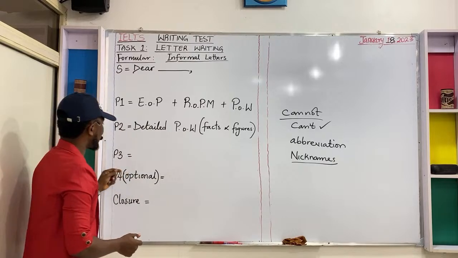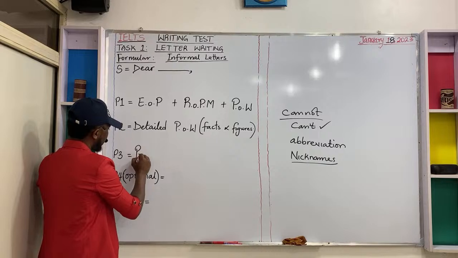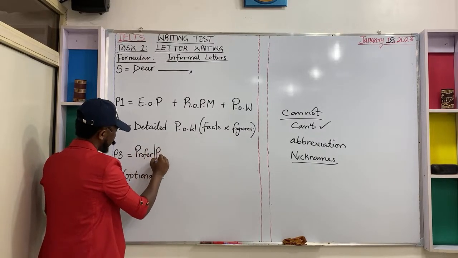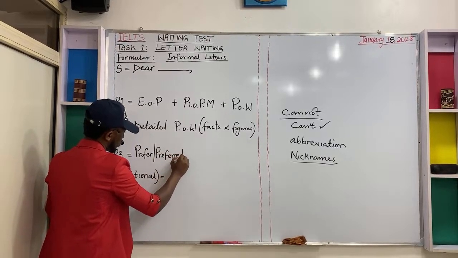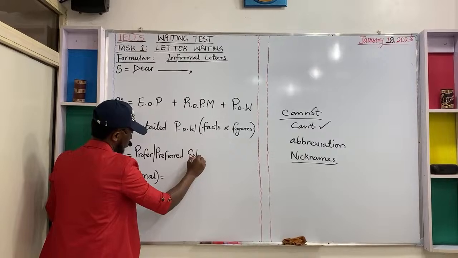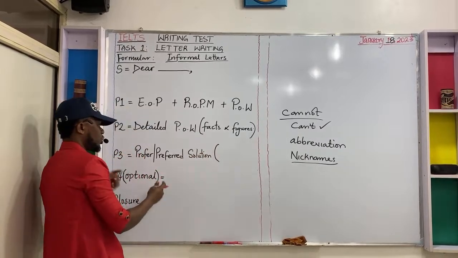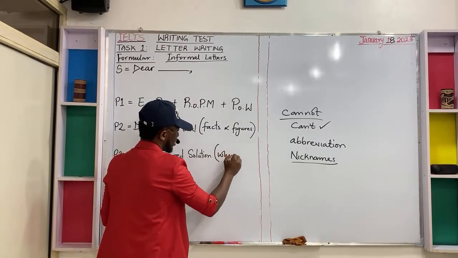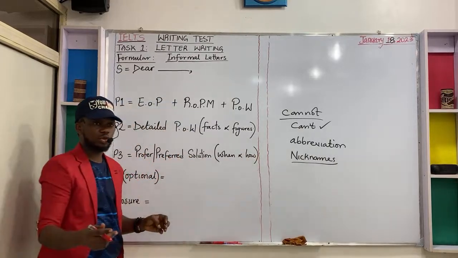Then in your paragraph 3, you are meant to either proffer a solution or indicate your preferred solution. And to do this, you are to show off when and how you want the issue to be resolved.